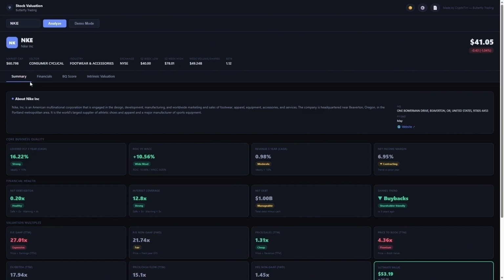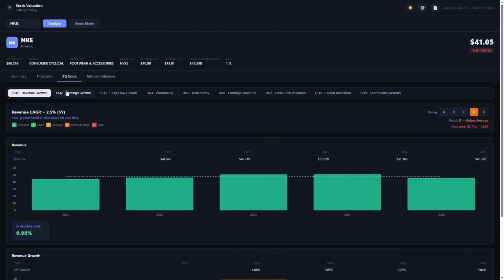So to go there, we scroll back up and we go here to BQ score. And we can see it's split up in 9 points. You can see we get a score out of 9, so 1, 2, up to 9. The BQ score tab grades the company across 9 specific business quality factors.